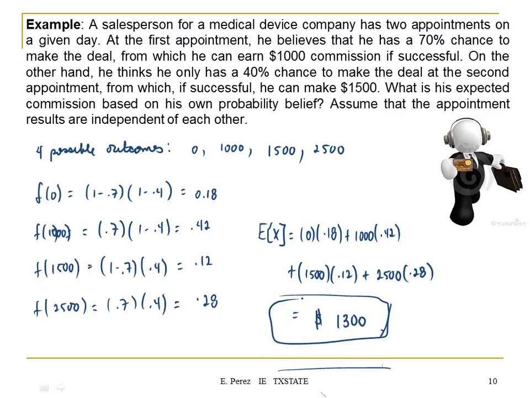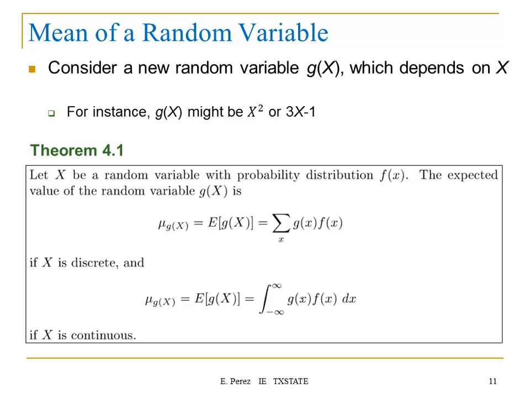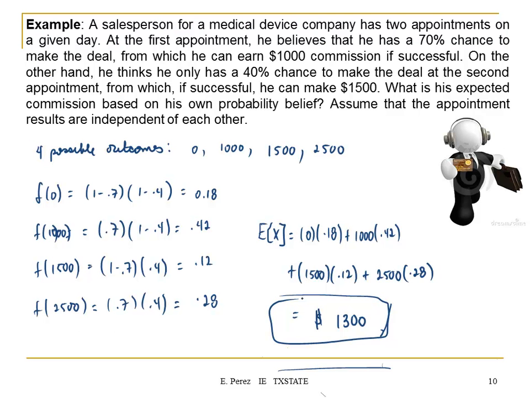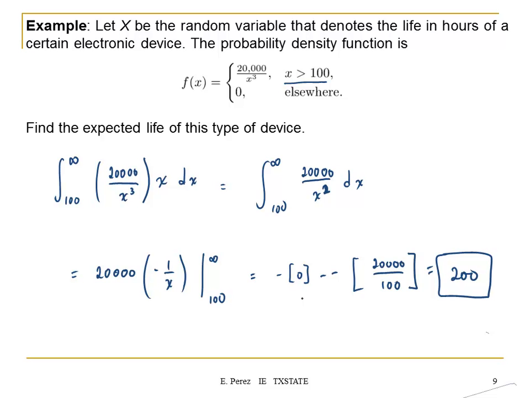Instead of having x times f of x, like we did here, we have a function times f of x. This outcome can be defined also by a function. Let's say 2x or 2x minus 1. Okay? So that's the type of problem you need to understand as well. The outcome can also be defined by a function.